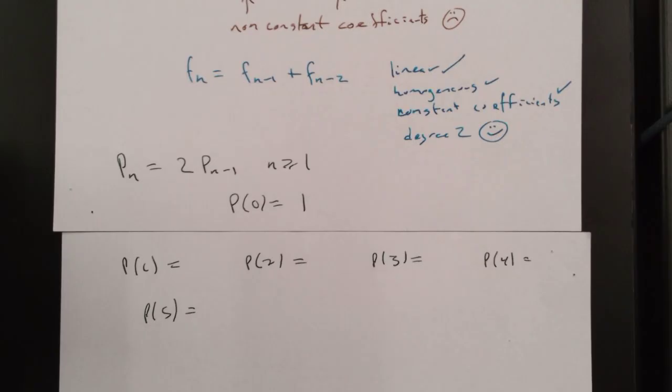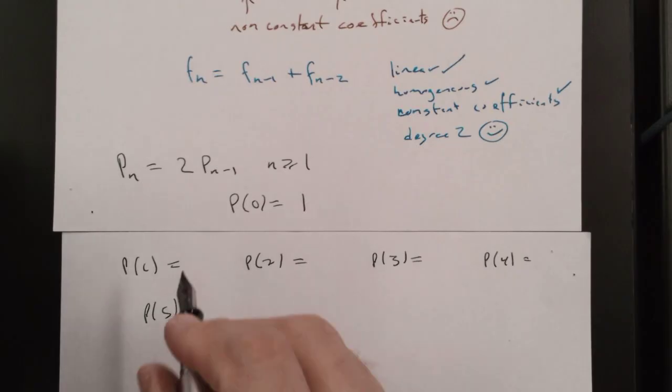What are these 5 numbers? Beautiful. 2, 4, 8, 16, and 32.